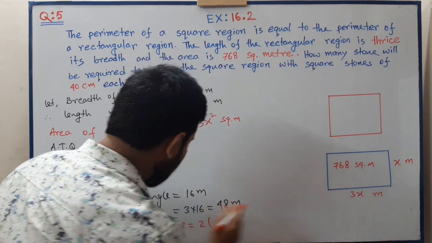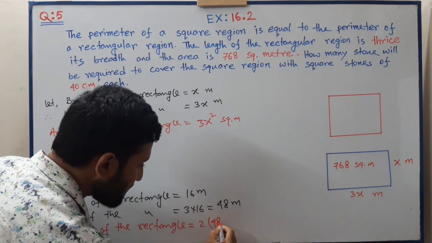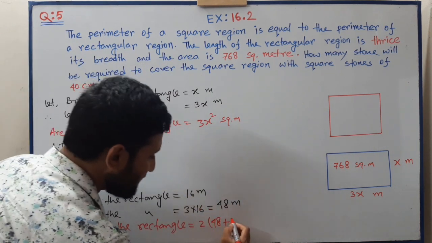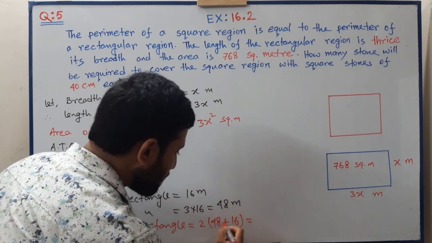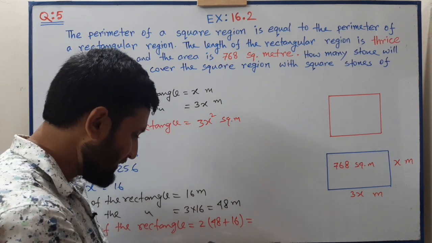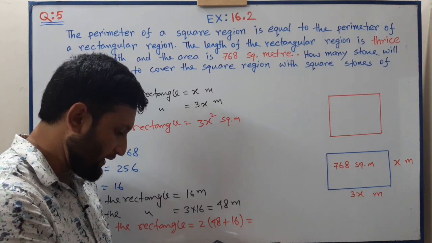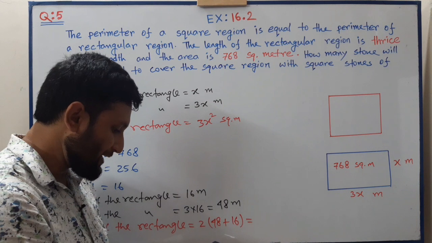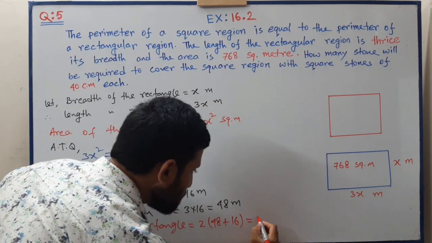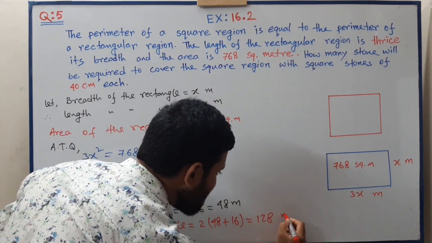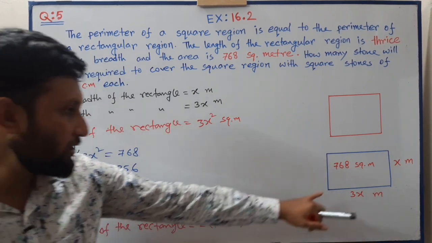So 2 into length, here length is 48, so 48 plus breadth 16, is equal to 48 plus 16, into 2, that means total 128 meter. This is the perimeter of this rectangle.